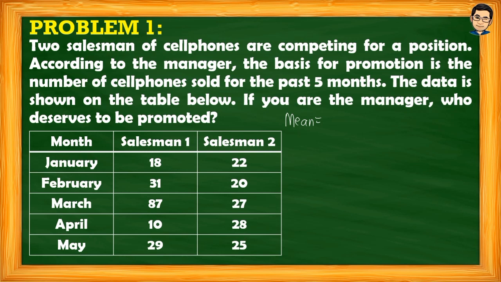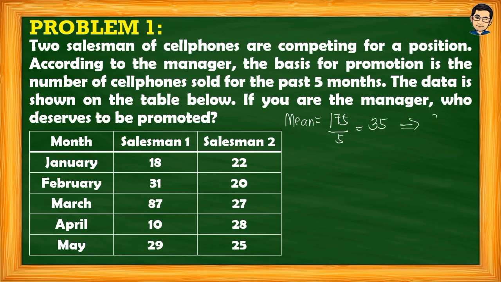Yung mga naging benta, number of cell phones sold. Dito tayo sa salesman 1. Kung i-add natin yung mga nabenta ni salesman 1, ang makukuha nating sum ay 175. Then i-divide natin yon sa 5. Ang makukuha nating sagot is 35.